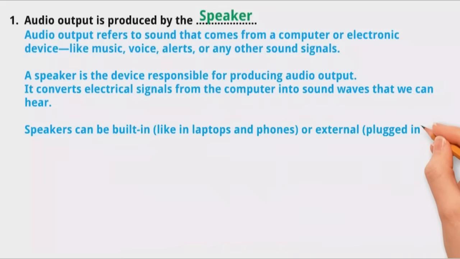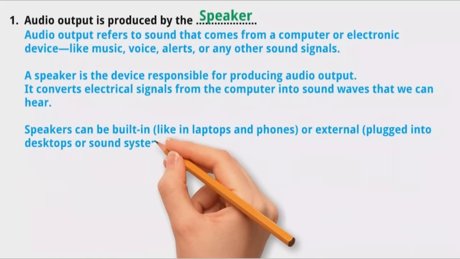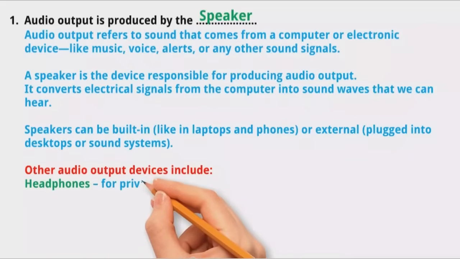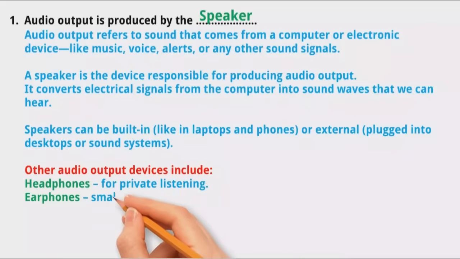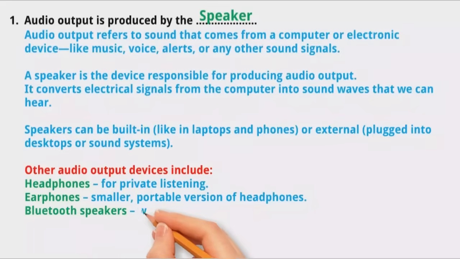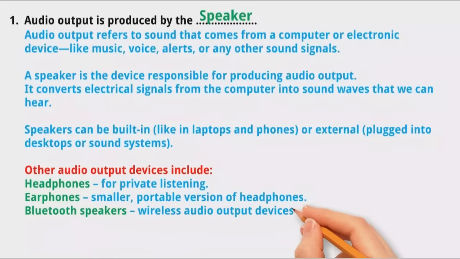Speakers can be built in, like in laptops and phones, or external, plugged into desktops or sound systems. Other audio output devices include headphones for private listening, earphones, smaller portable versions of headphones, and Bluetooth speakers, wireless audio output devices.